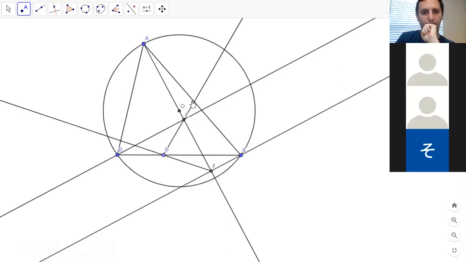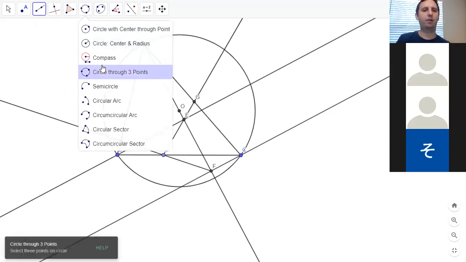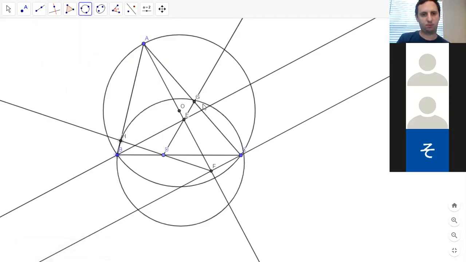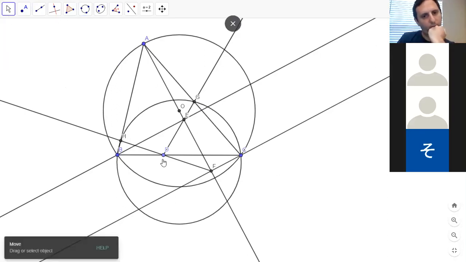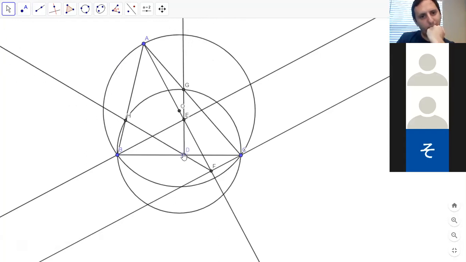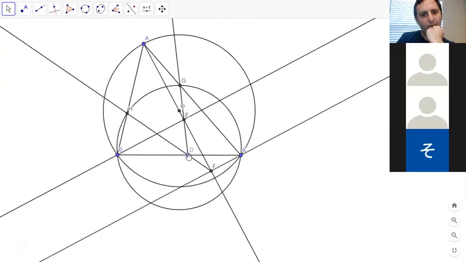Oh, whoops, it should have been this. Yeah, you're right. All right. BCGH is cyclic. BCGH. Ah. We can prove this by proving GH is equal to AO. Okay, I did not know this.